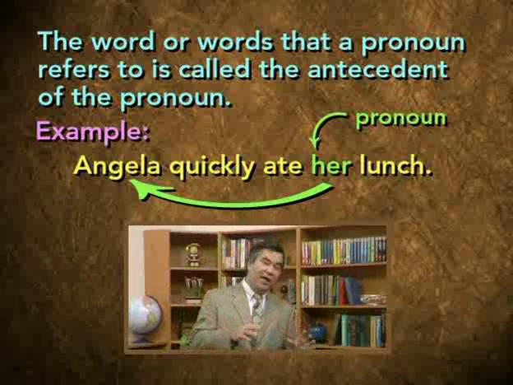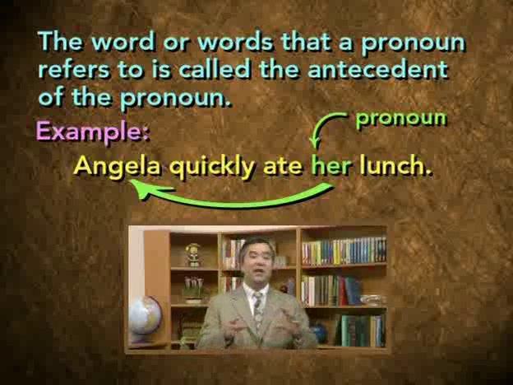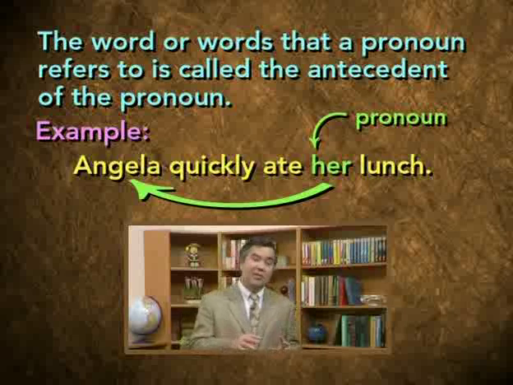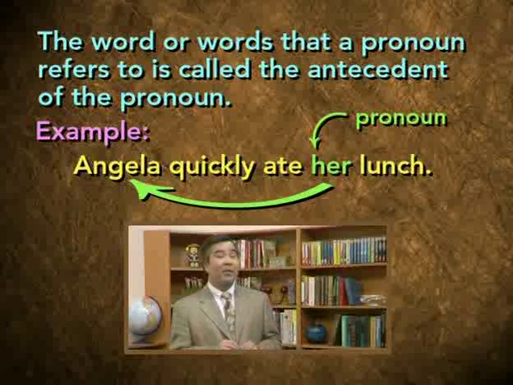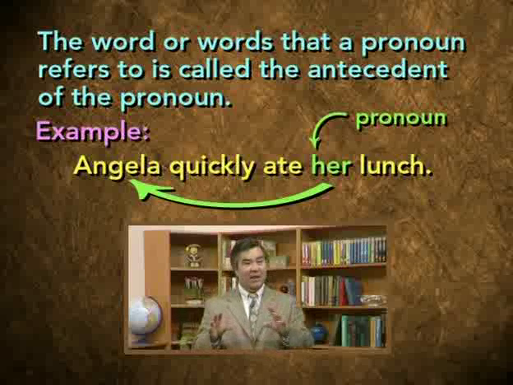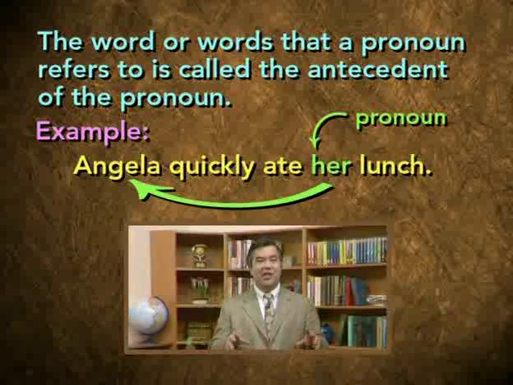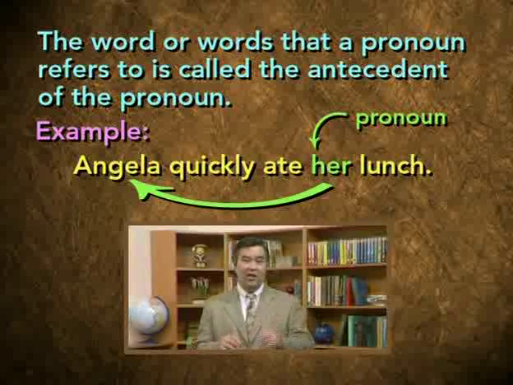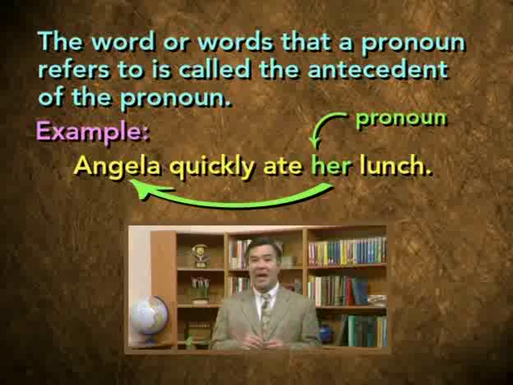So the pronoun and the antecedent in this case have to match in terms of gender, that is, in terms of male or female. And in the special program all about pronouns, we'll talk more about the importance of making sure that a pronoun and its antecedent match in various ways. Gender is one of the ways in which the pronoun and its antecedent have to match.